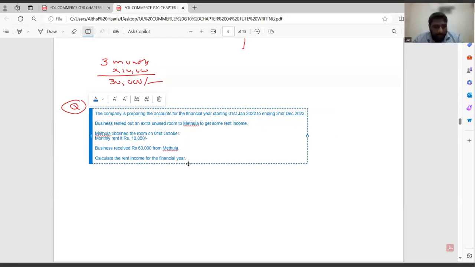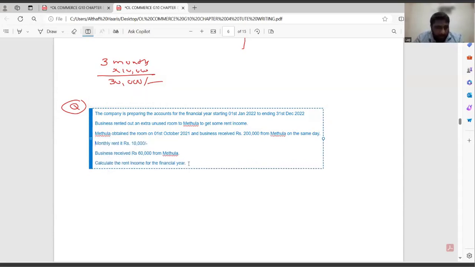Methula obtained the room on 1st October 2021 and the business received rupees 200,000 from Methula on the same day. Monthly rent income is rupees 10,000.